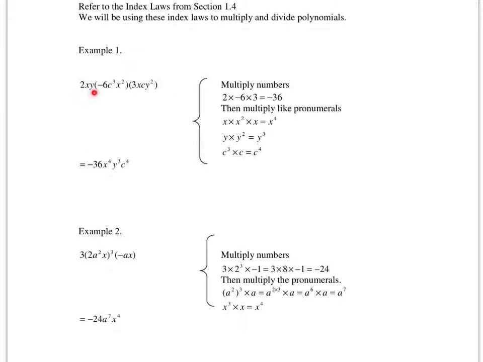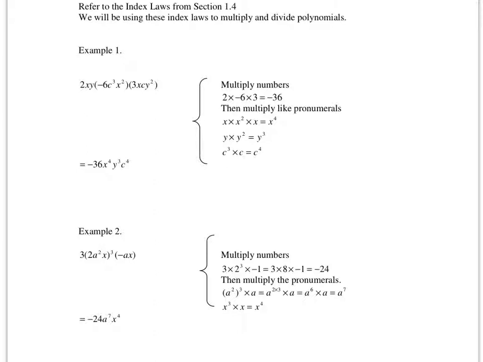We've got 2xy, then in brackets, multiplied by negative 6c cubed x squared, so we have two variables, c and x, but then also in brackets multiplied by 3xcy squared.